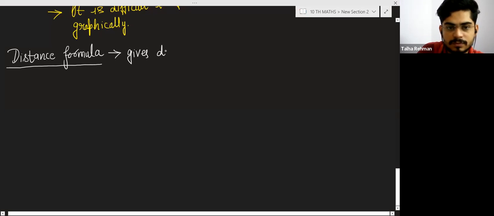The distance formula gives the distance between 2 points.